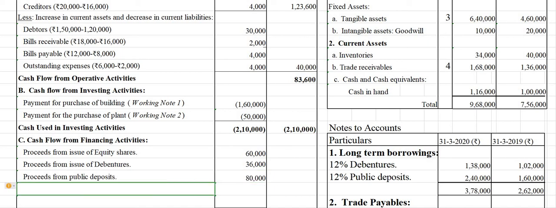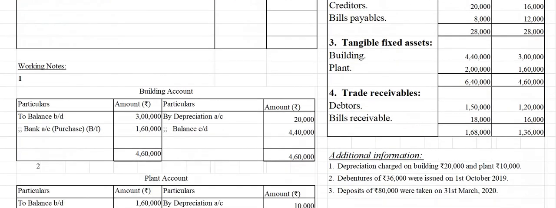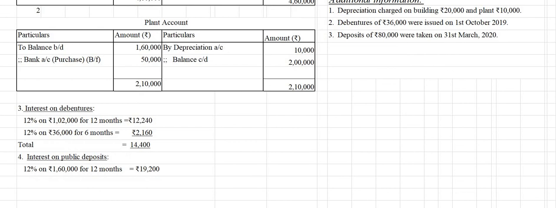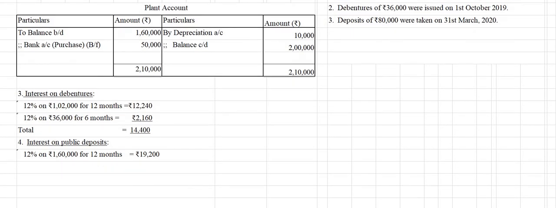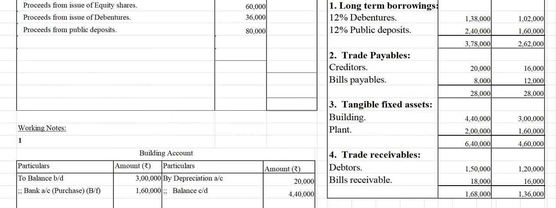Now the next item is interest. We have calculated interest. How much is interest for debenture and public deposit? Debenture we know is 14,400 and public deposit 19,200. These are the amounts paid for interest this year.